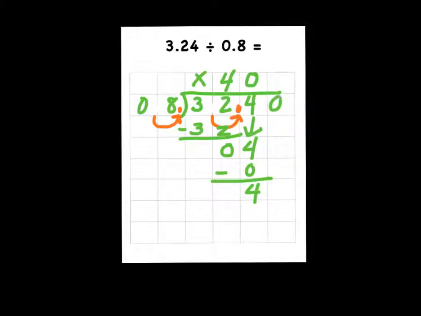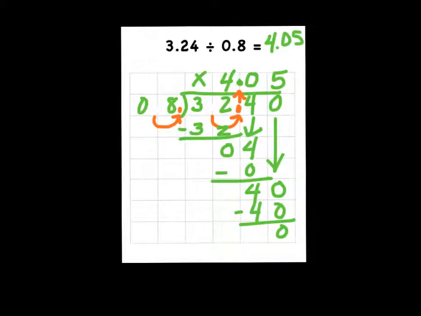And that means I'm going to have to add another 0 to my dividend because I can't have a remainder. So 8 times 5 is 40, and I subtract and I get 0. Now I can bring my decimal point straight up into my answer, and the answer to this problem would be 4.05.